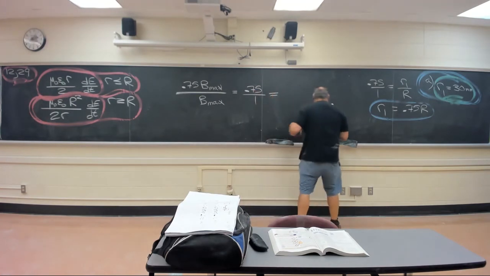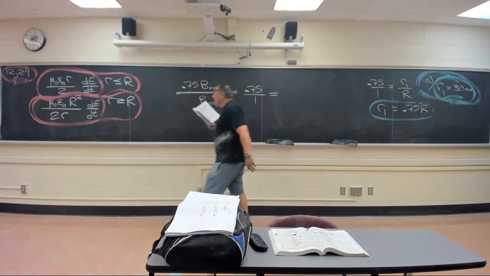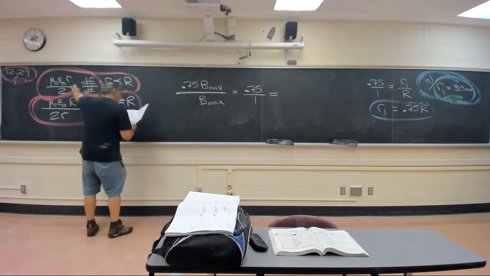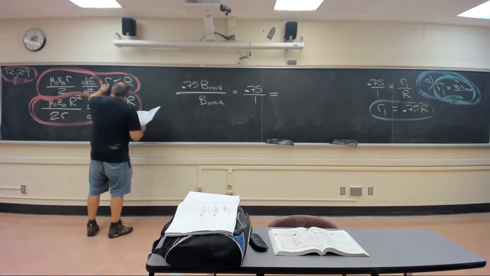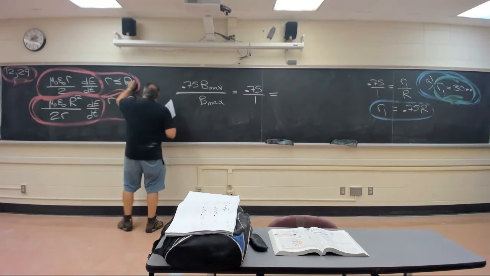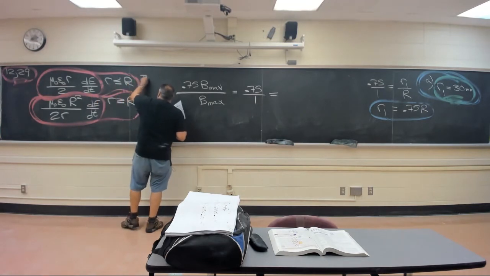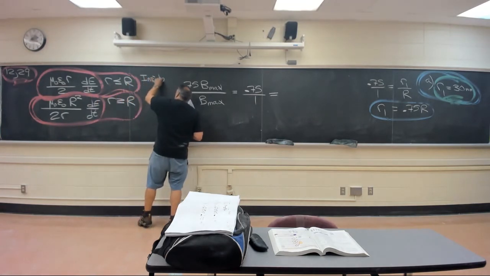Now I'm going to go for some outside thing. Well, the outside thing is a phenomenon looking like that's the inside. So this pertains to inside. This pertains to outside.